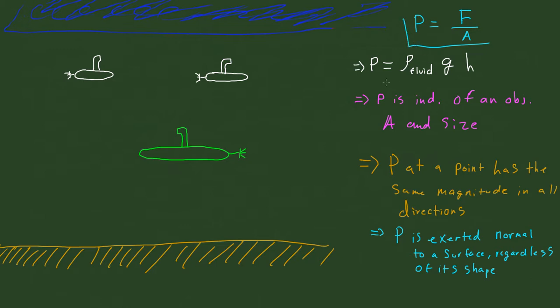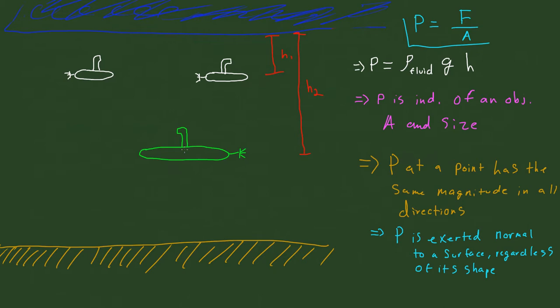The second point is that the pressure exerted on the submarines here is dependent on the depth. If you look at the formula, this would be say H1, and this would be H2 for this big green submarine over here.